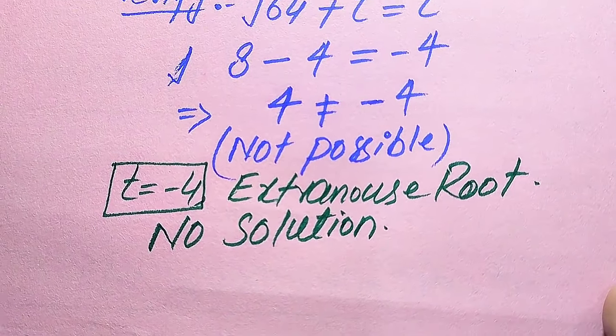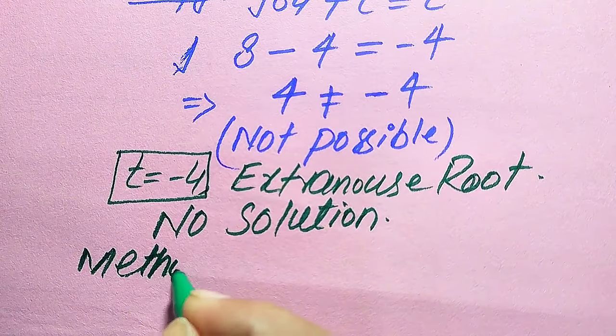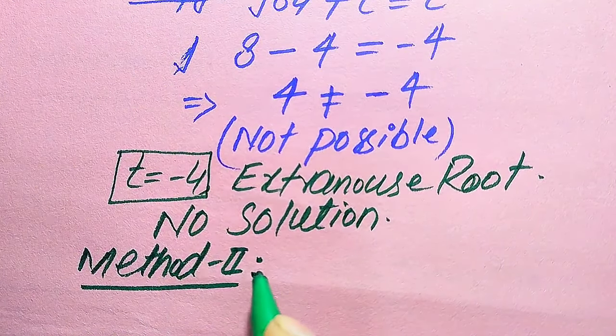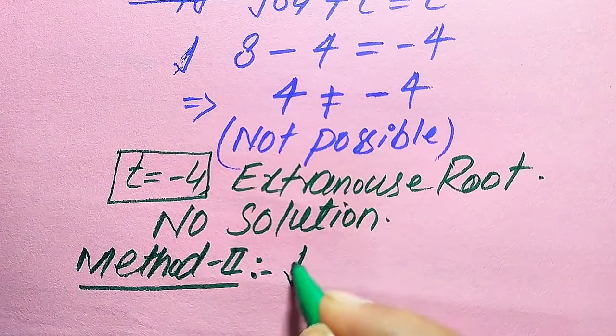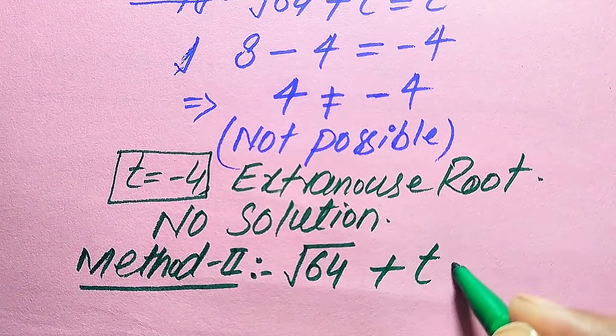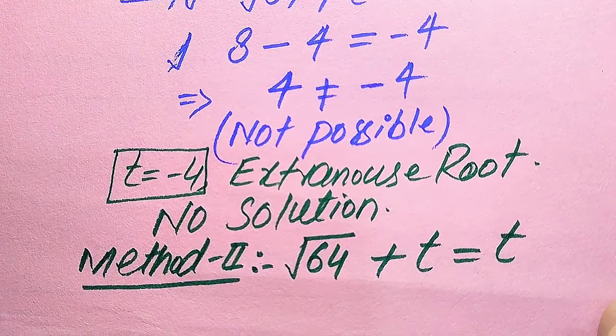So this is the first method, and now we solve this problem with the second method. In the second method we copy down the given question statement, which is the square root of 64 plus t equals t.